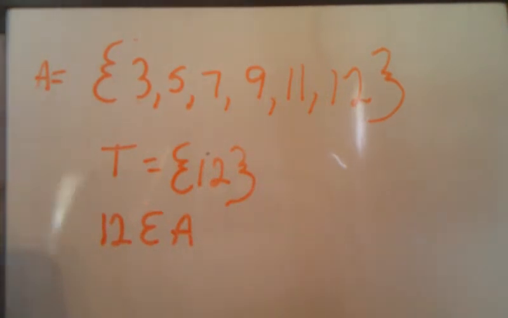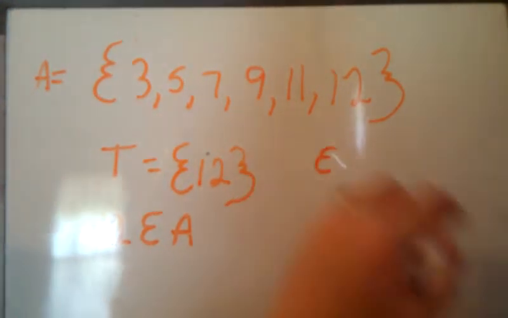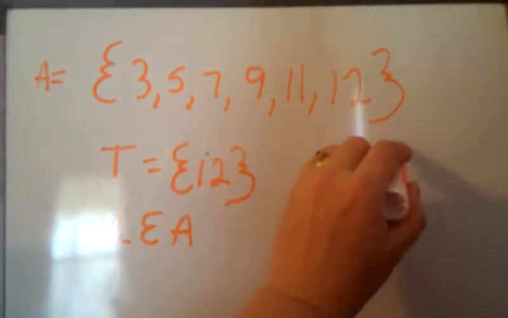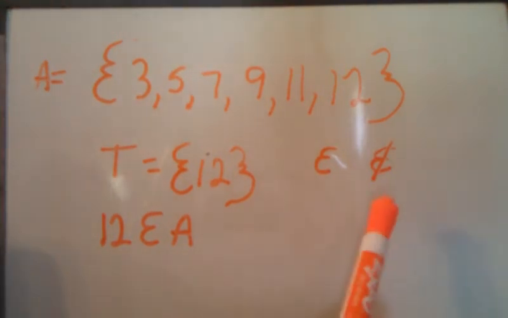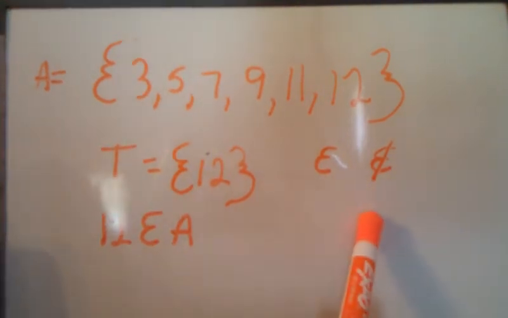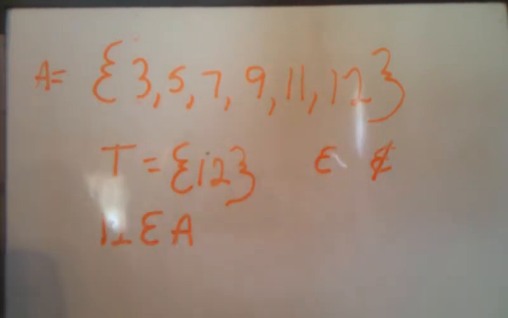Now, if this means is an element of, what do you suppose the slashed symbol means? That means is not an element of. The above example indicates sets can have subsets. 12 is a subset of set A.